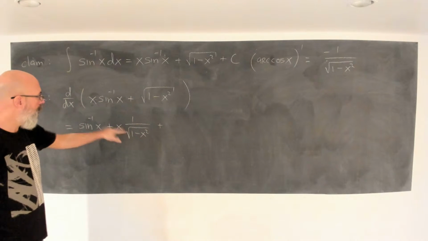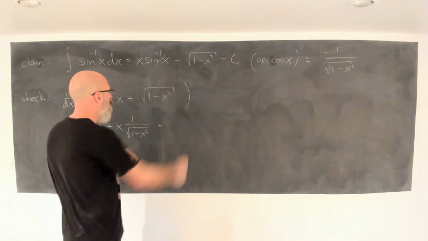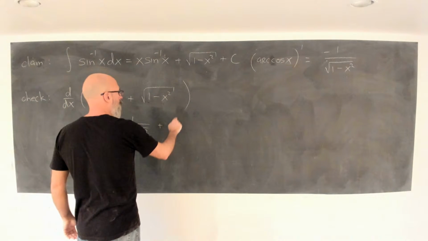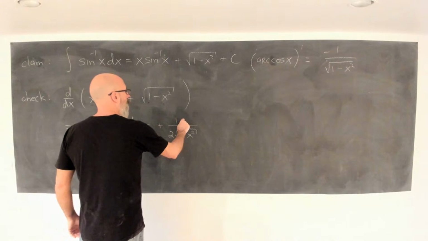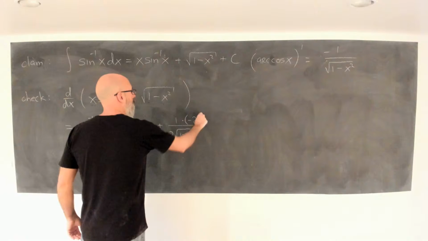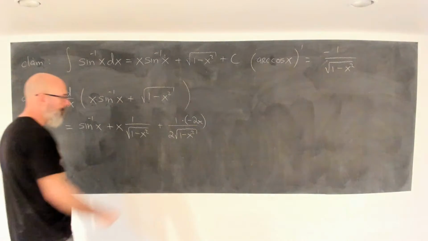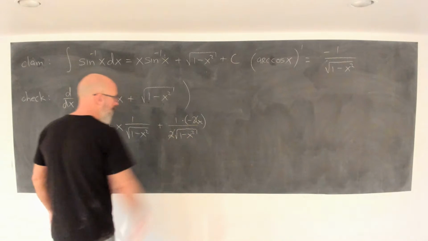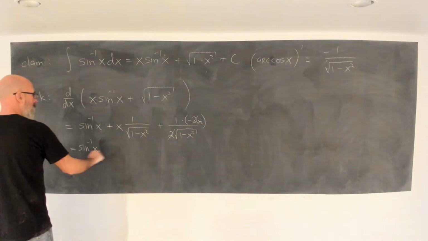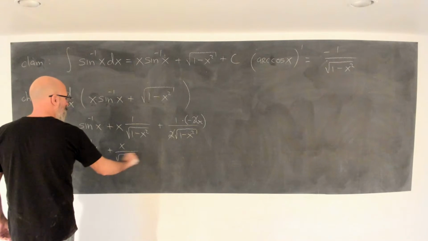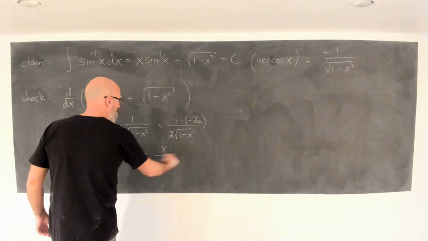So that's the derivative. These two together are the derivative of this. Now we'll differentiate this. You've got a square root, so the derivative is 1 over 2 square root times the derivative of the inside. The 2's cancel out nicely. And we have arcsine x plus x over square root minus x over the square root.